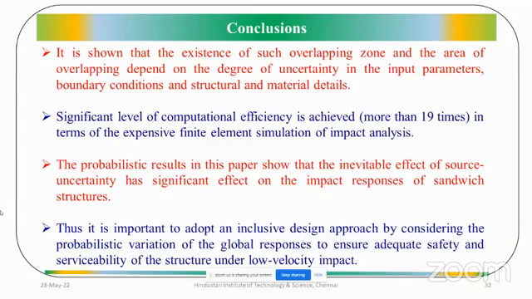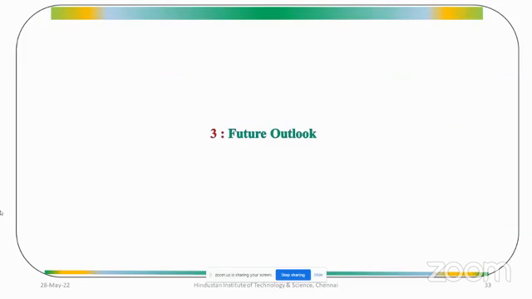The prognostic result shown here shows that the inevitable effect of source uncertainty has a significant effect on the impact response of the sandwich structure as well. Thus, it is important to adopt an inclusive design approach by considering the probabilistic variation of the global response in ensuring adequate safety and serviceability.